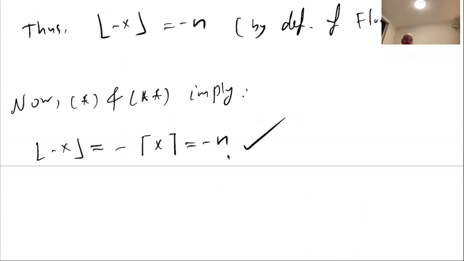So these two are equal and both are equal to minus n. Well, the fact that both are equal to minus n, that part I don't need. I just want to show that floor of minus x is minus ceiling of x. And these two are equal because both of them are equal to minus n. So this was the proof of part B, proof of other parts.